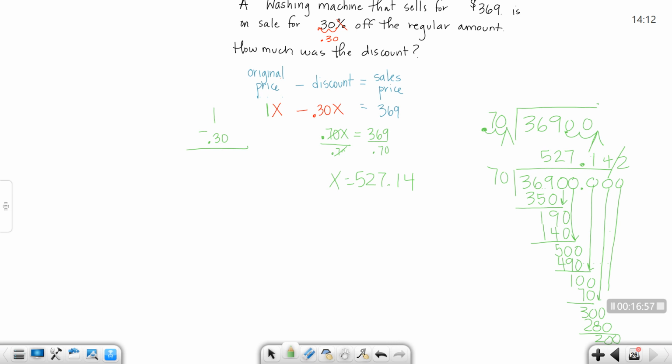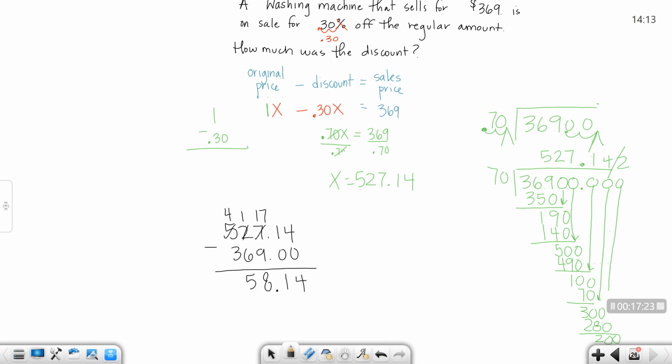It says what is the discount, right? And so if you took the 527.14 and you subtracted 369 from it, then what you're going to get, that just subtracts out. This is 17 and we borrow. This is an 8. We have to borrow here.